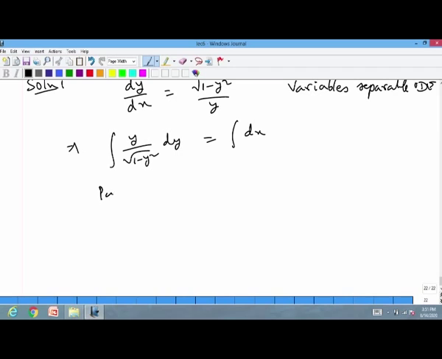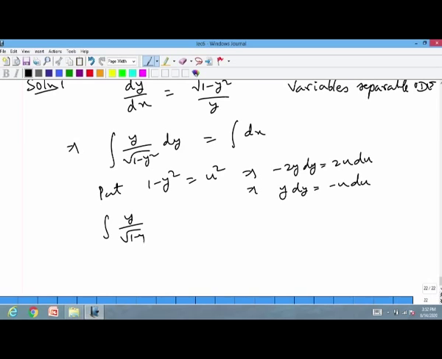So, we put 1 minus y square as u square, which implies minus 2y dy equal to 2u du. So, y dy is minus u du. So, integral of y by square root of 1 minus y square dy is equal to integral minus u du divided by u, where square root of 1 minus y square is u. So, this is minus u plus c, which means minus square root of 1 minus y square plus c.